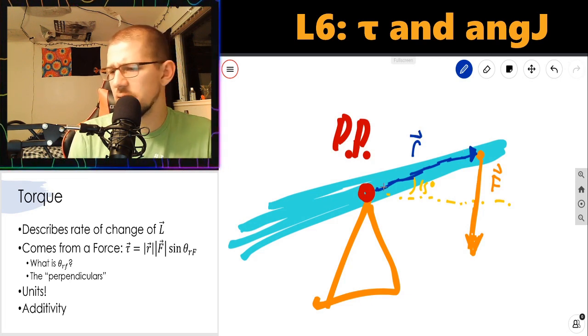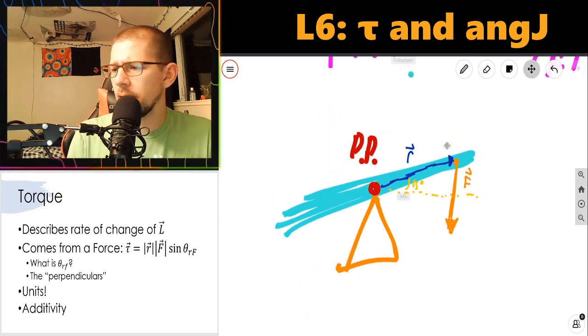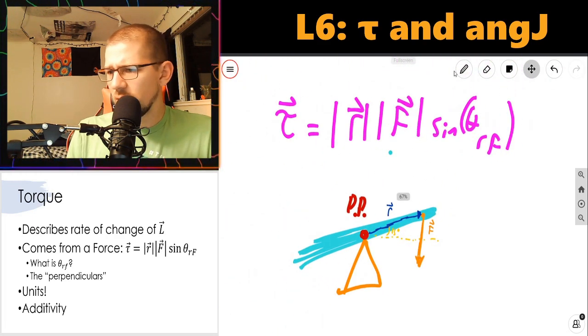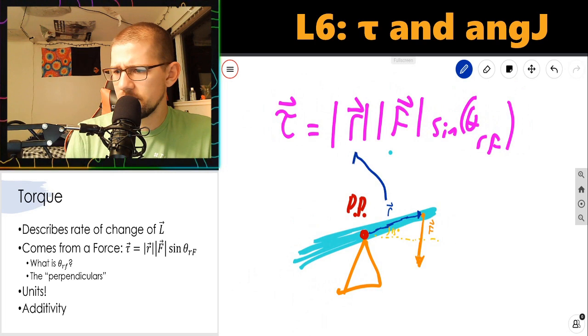So r is a distance along the object that's rotating, a distance along the object toward the point where the force is being applied. We've described r, and we've described F.